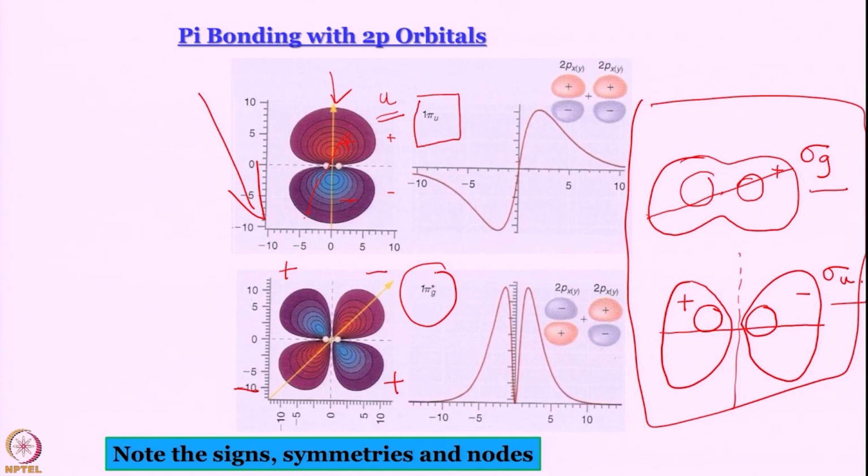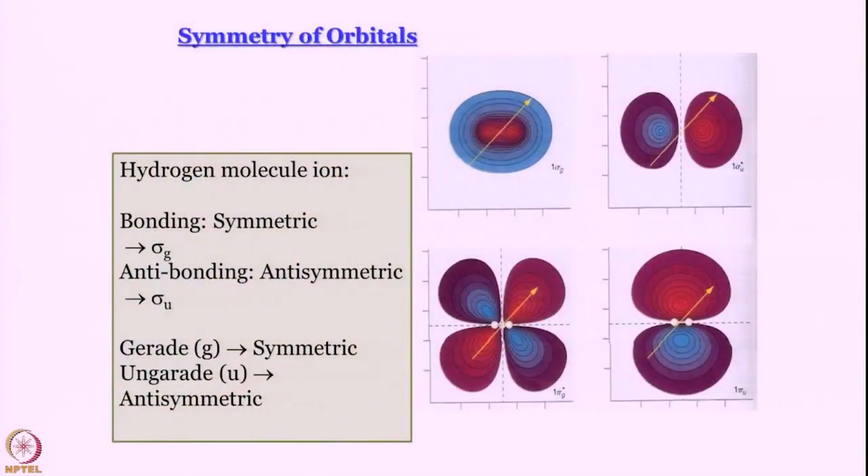Another thing that we often do is that for anti-bonding orbitals we put a star. Different books use different notations, but this is the notation that is used most universally: star for antibonding, and g and u to indicate whether they are symmetric or antisymmetric with respect to inversion. So, this is in a nutshell the symmetry of orbitals that we just discussed.